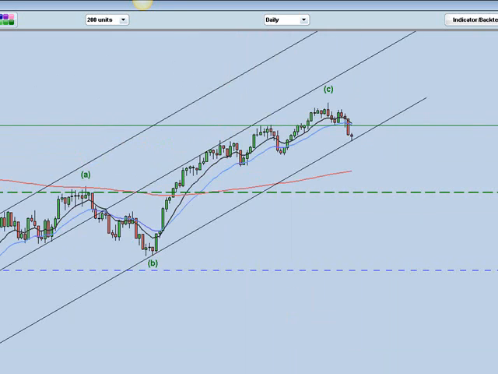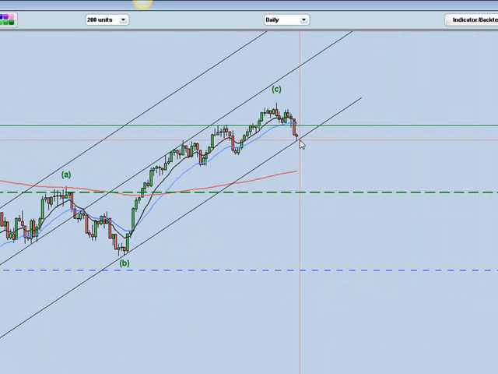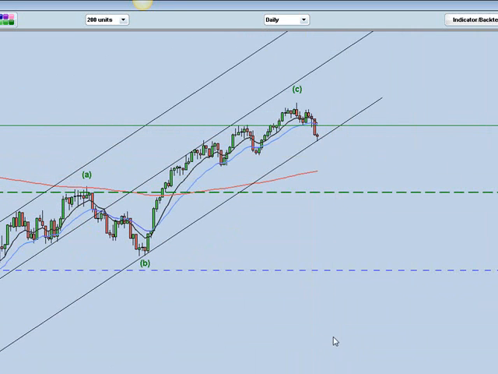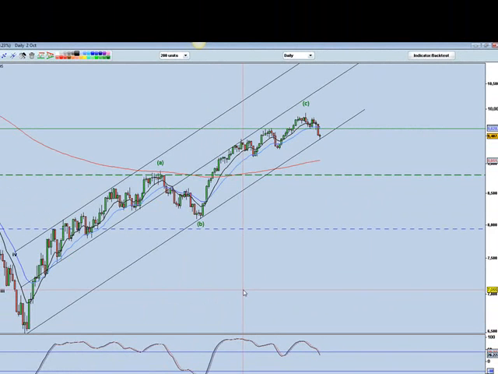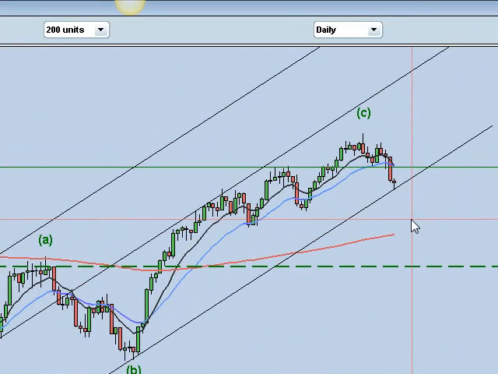I will be very honest with you, if we get a break in this trend line, I will completely expect in the next few months the Dow Jones to retest the 6,000 and maybe break below it.